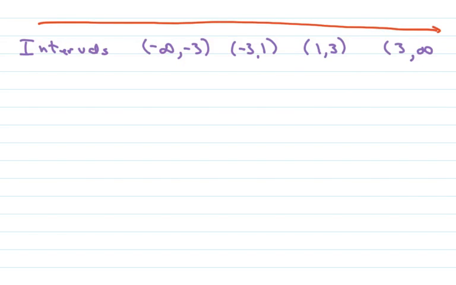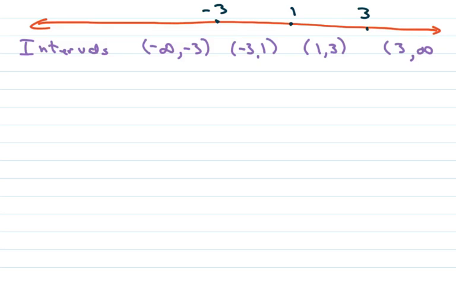I'm going to pick my intervals as negative infinity to negative 3, negative 3 to 1, 1 to 3, and 3 to infinity. So basically, the points I'm picking are negative 3, 1, and 3.